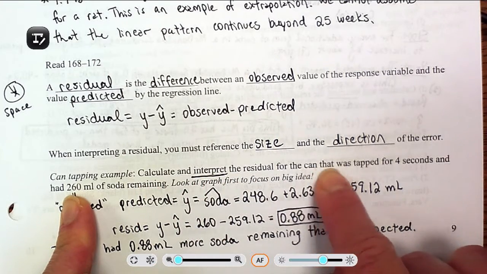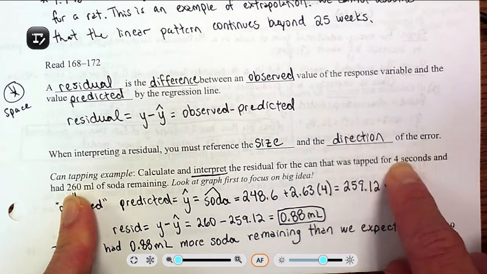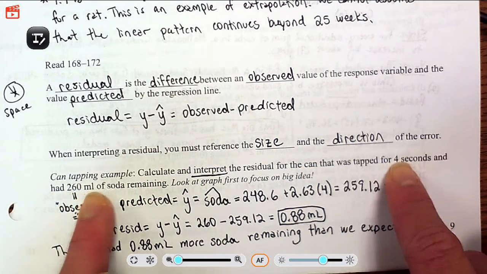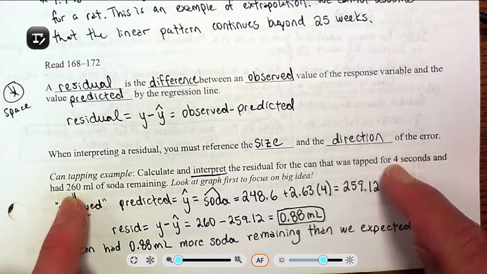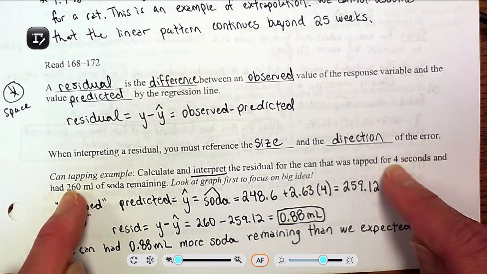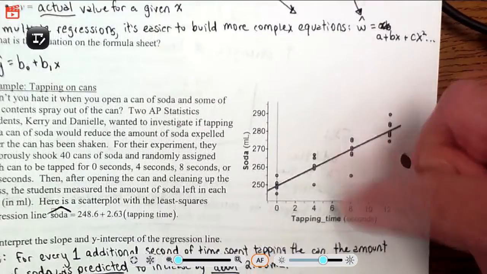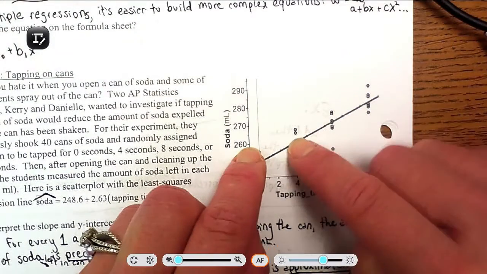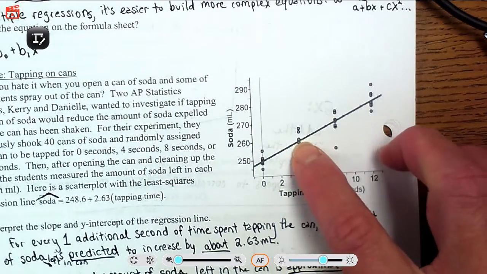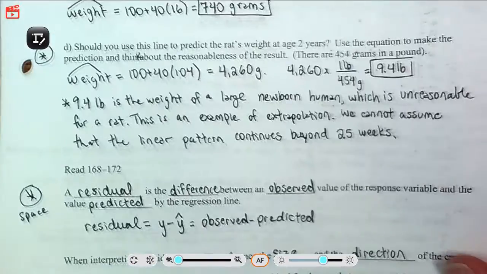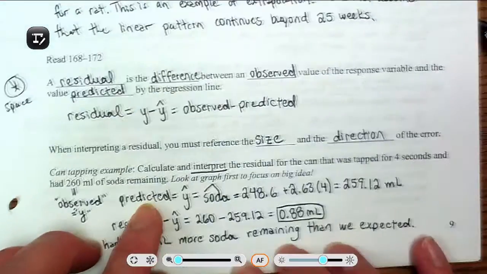It actually had 260 milliliters of soda remaining, so that's actually a dot right there. It is not a prediction, although it's very close. The prediction would be referring to the line itself.